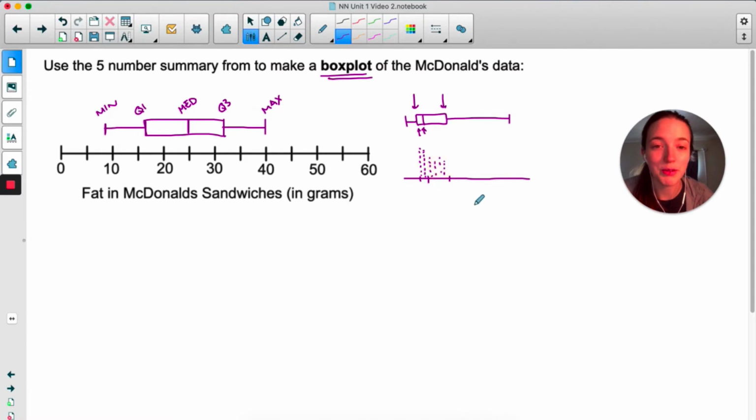We don't know exactly what it looks like, but we know that it's a bit more spread out. 25% of the data goes all the way out to here, so we know that it's even more spread out. And we can use this to figure out it's probably going to be somewhat right skewed. That's why it's really important that you do your graph on an axis, so it's to scale.